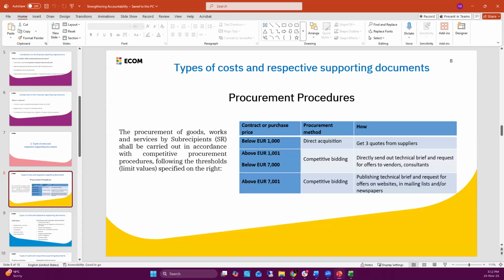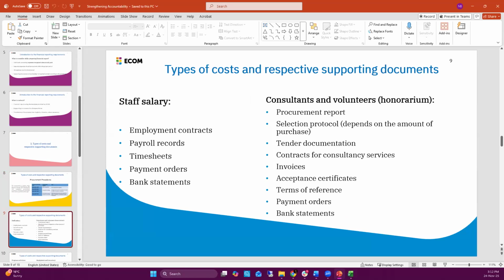All procurement of goods, works, or services should be covered within an approved budget. This you need also to keep in mind. Okay, now let's move to the supporting documents for the expenses. First of all, I would like to mention that supporting documents must be maintained for 7 years from the date of submission of the final expenditure report.